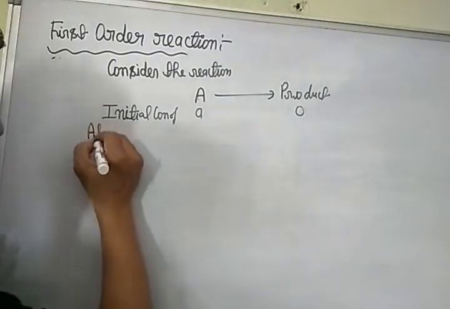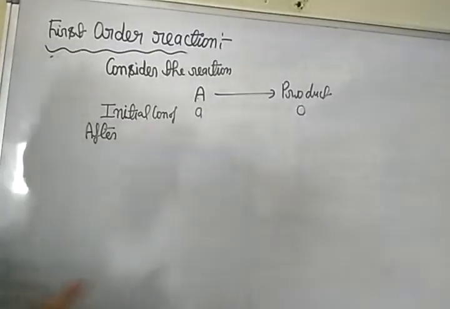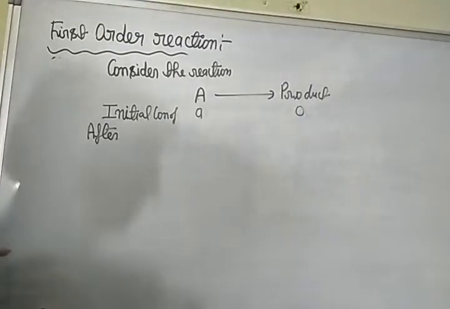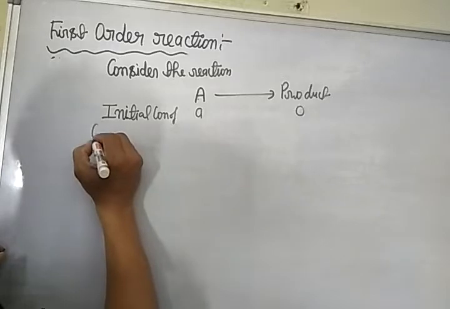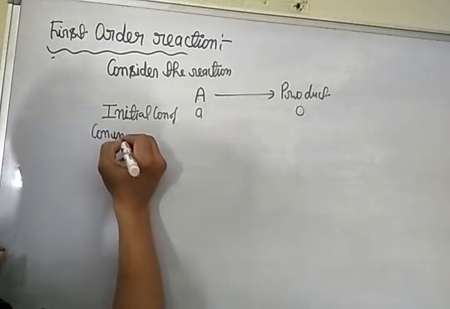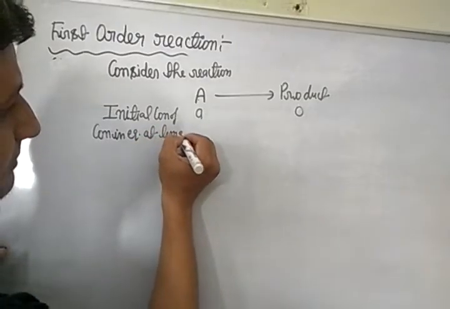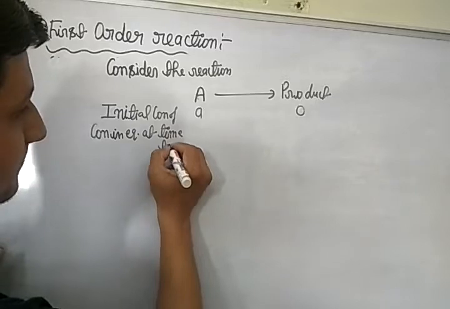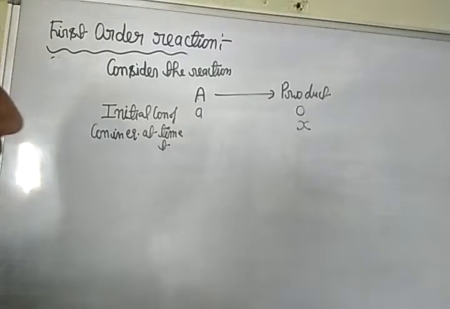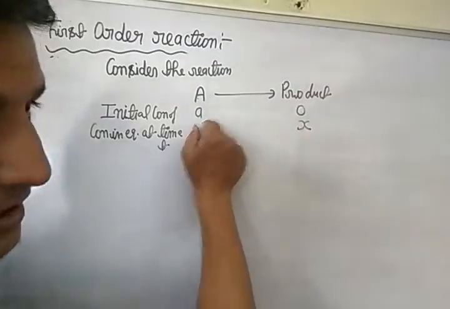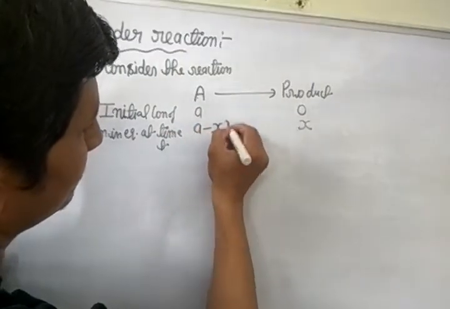After time t, x amount of product is formed, and it is formed from the reactant, so we have to subtract x from the reactant. We get a minus x.